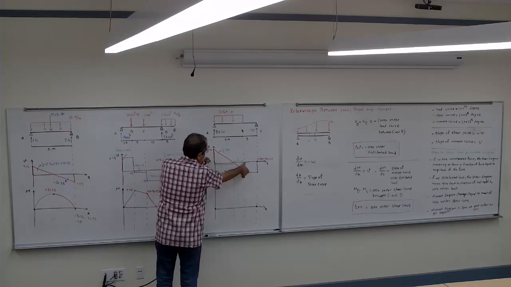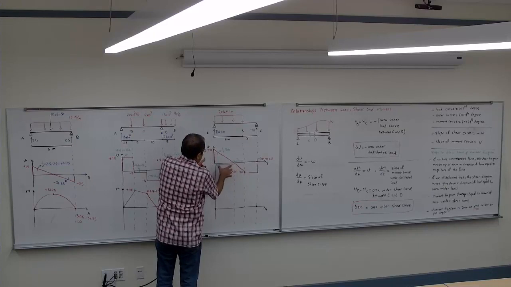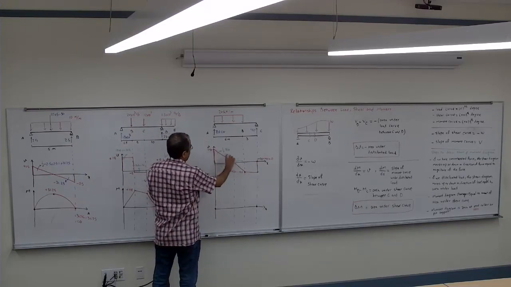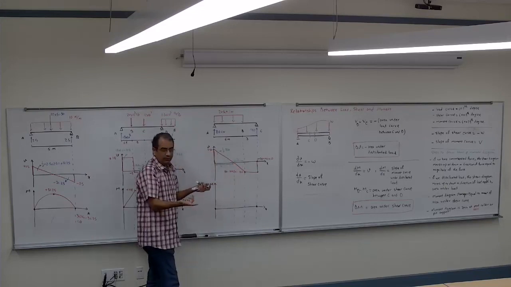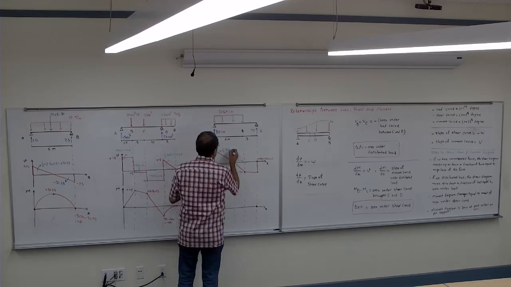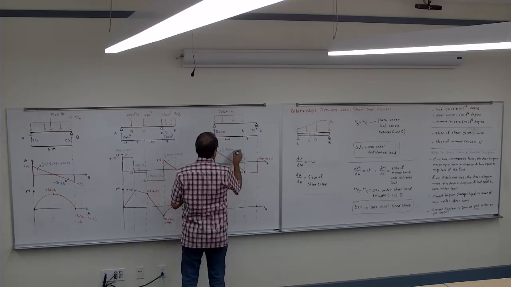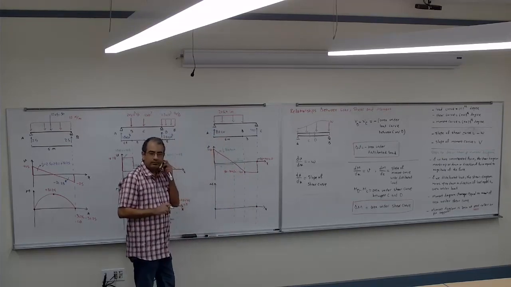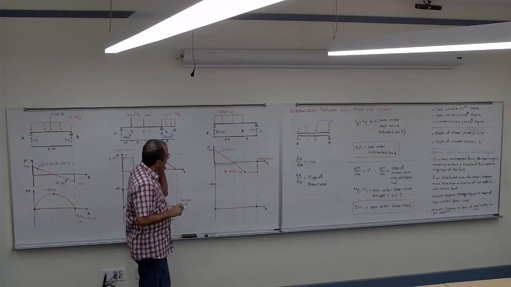This is 2 times this, correct? If the height is 2 times, the base should also be 2 times because they are proportional. So it's going to be 80 times 4, plus 160.